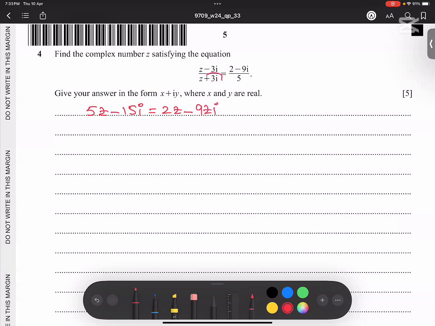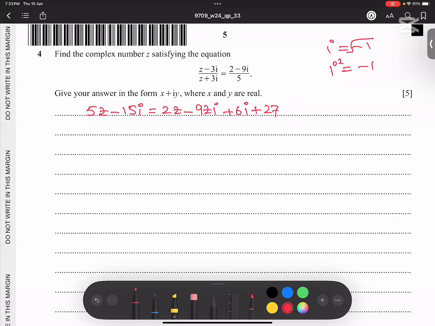Now 3 iota multiply with the 2, we got 6 iota and 27 iota square. All of you know iota is basically square root of minus 1 and iota square is minus 1, so we can replace it by minus 1. If replaced by minus 1, it will become plus 27.